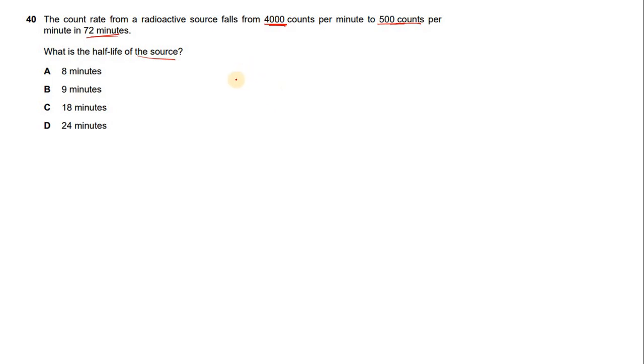You can start with t equal to 0. At the start, you have a count rate of 4000. Then after the first half-life, it becomes 2000. After the second half-life, it becomes 1000. And after the third half-life, it becomes 500.